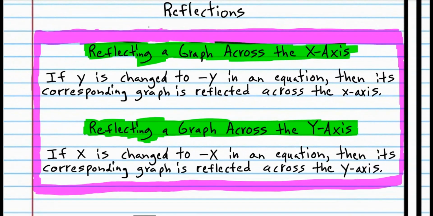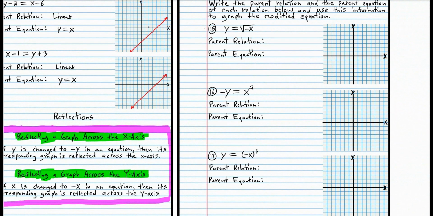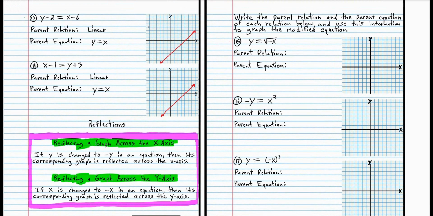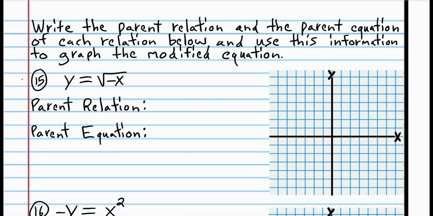So you can take a screenshot of this if you want to. And we're going to do some practice problems. You're going to see how this works. So let's first identify the parent relation. We see a square root here, so obviously that's the square root relation.